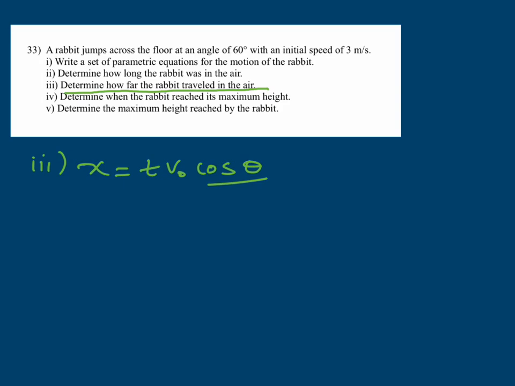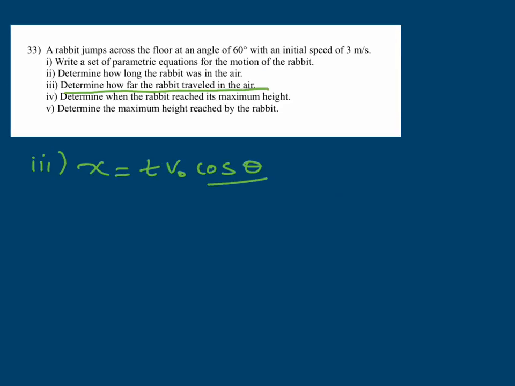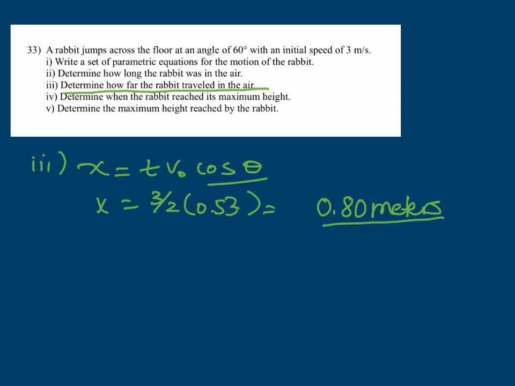So what did we get for x? I forgot. Let's go back and look. We got 3/2 t. That was pretty easy. So x equals 3/2 times t, which is 0.53. If you multiply that out, you get 0.80 meters. So he didn't quite jump a meter when he was in the air.